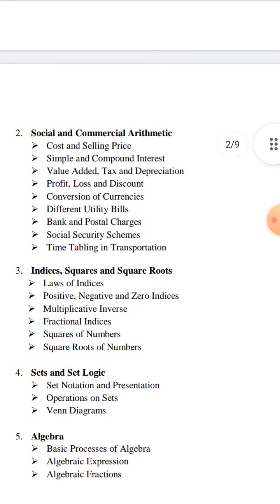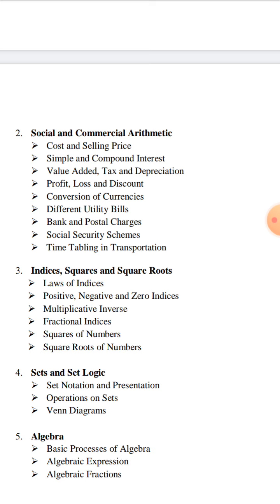On the second topic, we look at social and commercial arithmetics, where we look at cost and selling price, simple and compound interest, value added tax and depreciation.